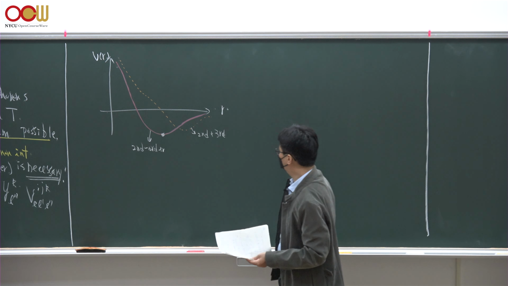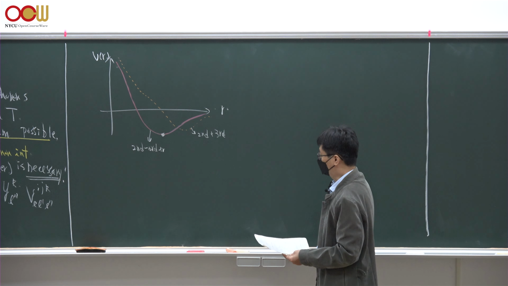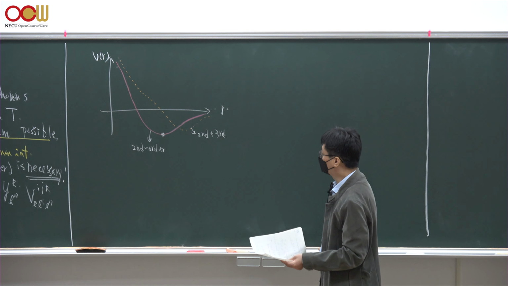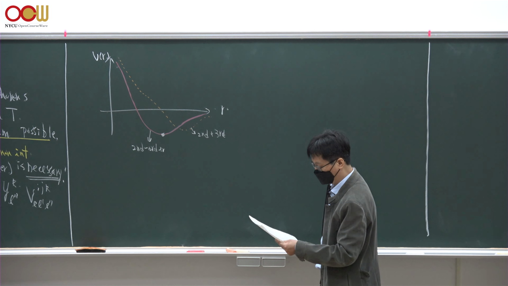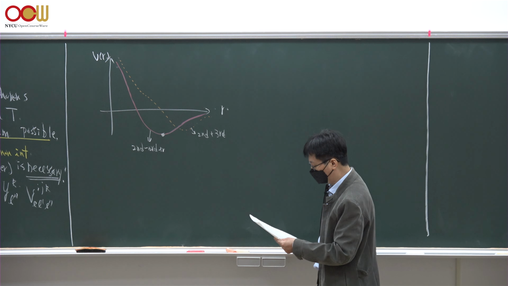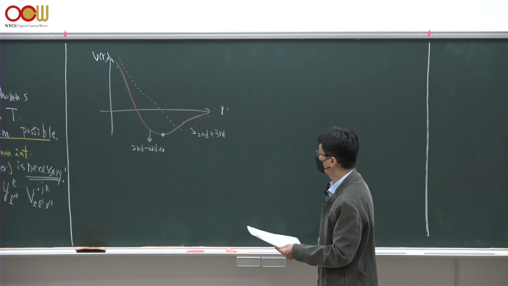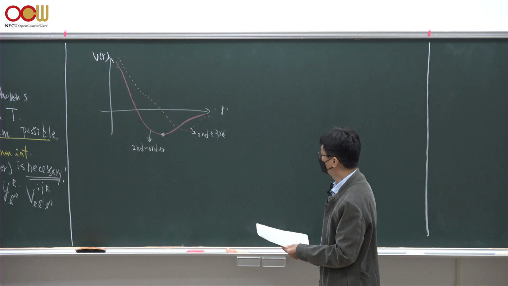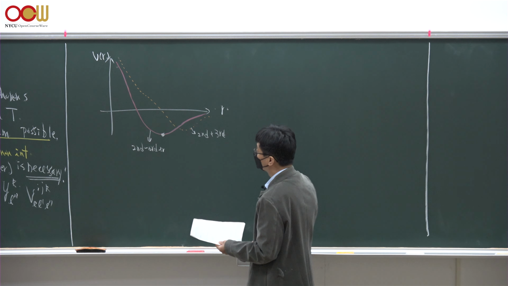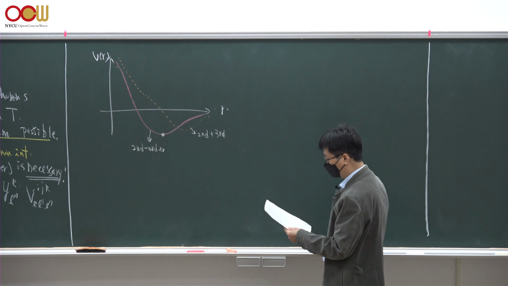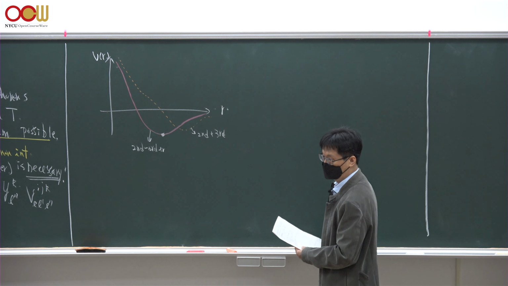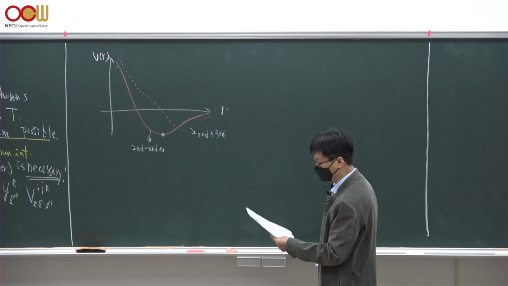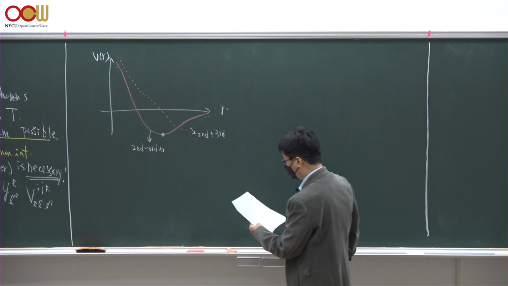There's just some shift of your minimum point from one place to another if you include the third order anharmonic term. But other than that, it looks qualitatively very similar to the harmonic potential, because the third order term cannot modify your potential too much, since this is a very high order contribution.